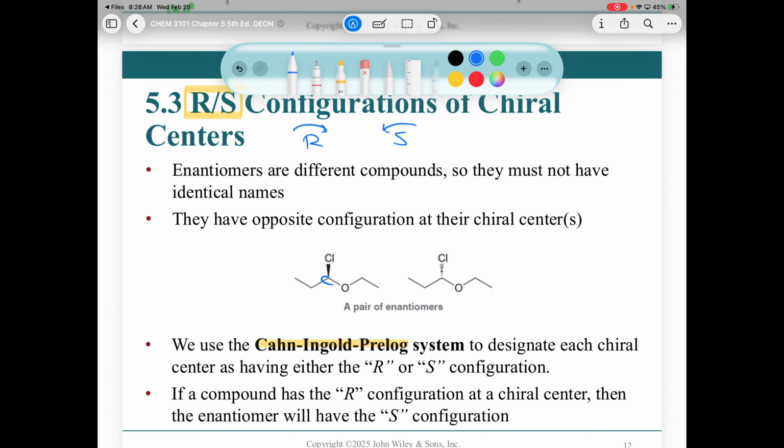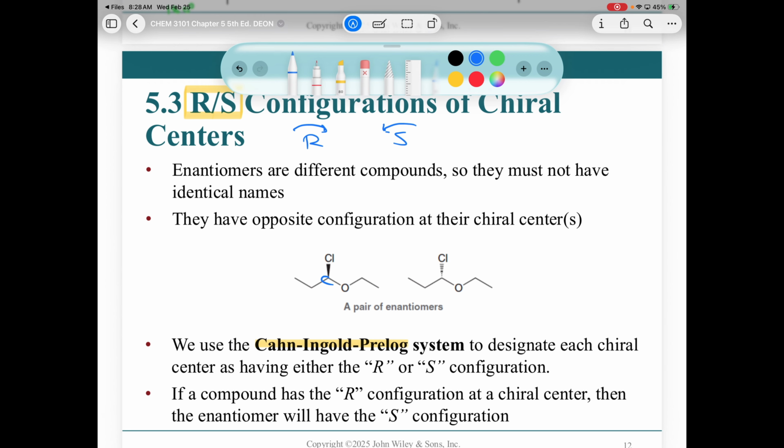So if you're left-handed, it's sinister, okay? So yeah, like, really? I'm sinister? I am, okay, I'm left-handed. So there you go. Rectus to the right, and to the left is sinister. Anyhow, so we use R and S. So the way we would differentiate these compounds is designating one as an R compound and the other one as an S compound. And I'm going to teach you how to determine whether the carbon is R or S.